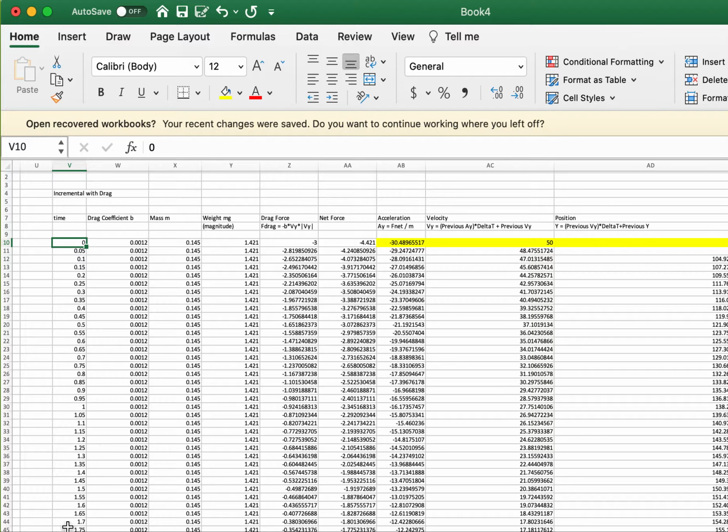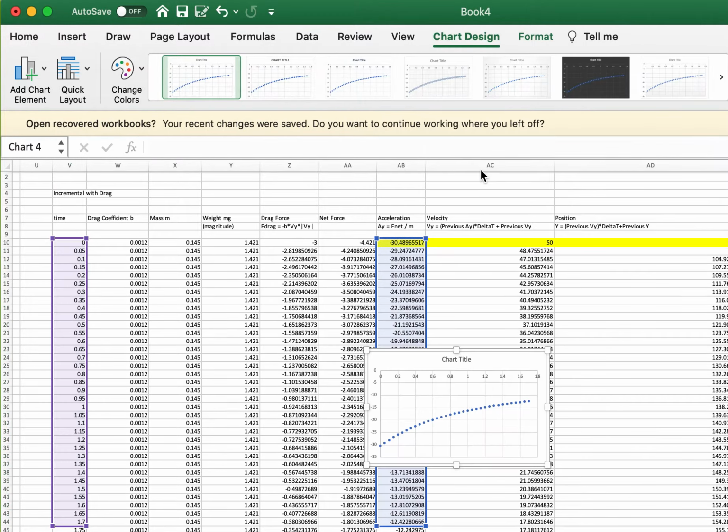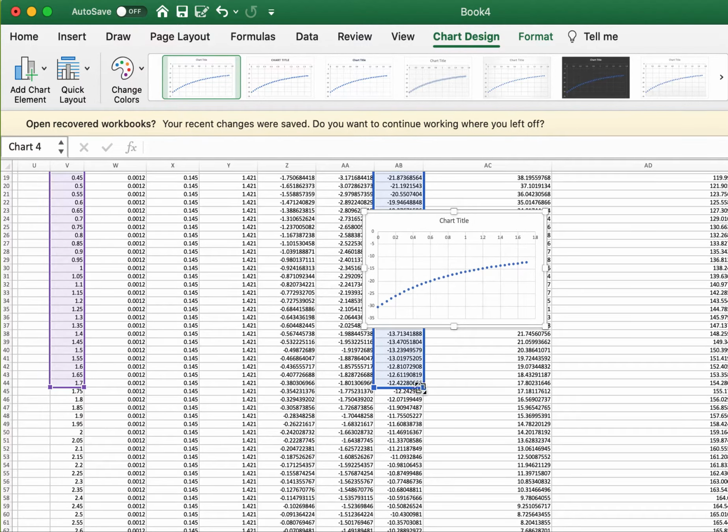So it'll be really cool to create a graph out of these new points. So let's do time and acceleration. Insert graph, scatter plot. Alright, let's go farther with it.